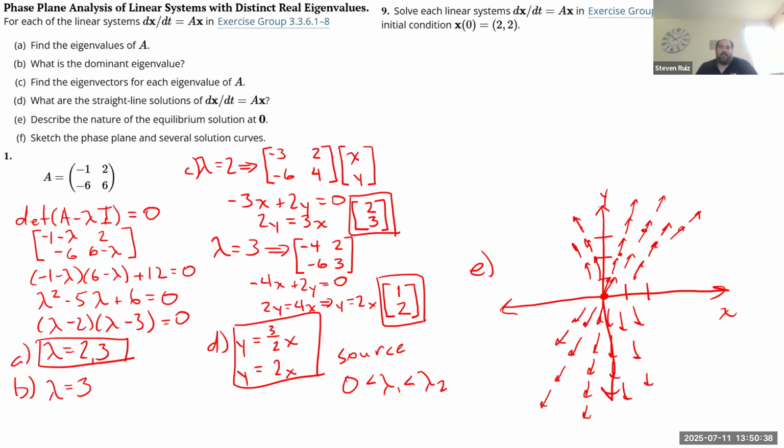It's a little hard to show by hand, but suffice to say that in this vector field, most of our slopes are going to be closer to 2 than they are to 3/2. All right, so I'm going to hold off on solution curves because problem 9 specifically asks me to draw some solution curves. So we're going to come back to that.